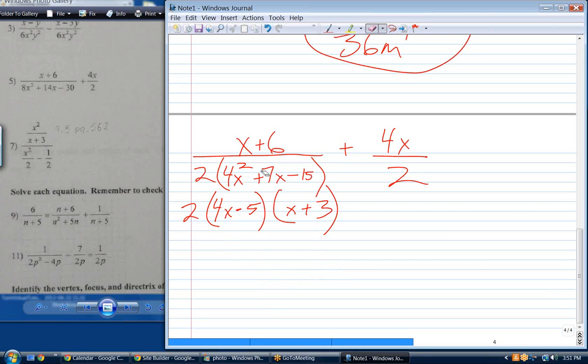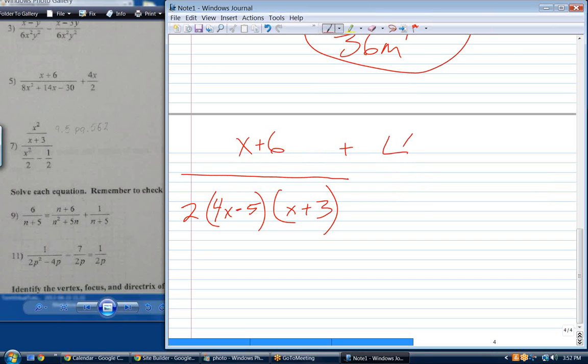So let's erase this and replace it with that factor. And then this, 4x over 2.